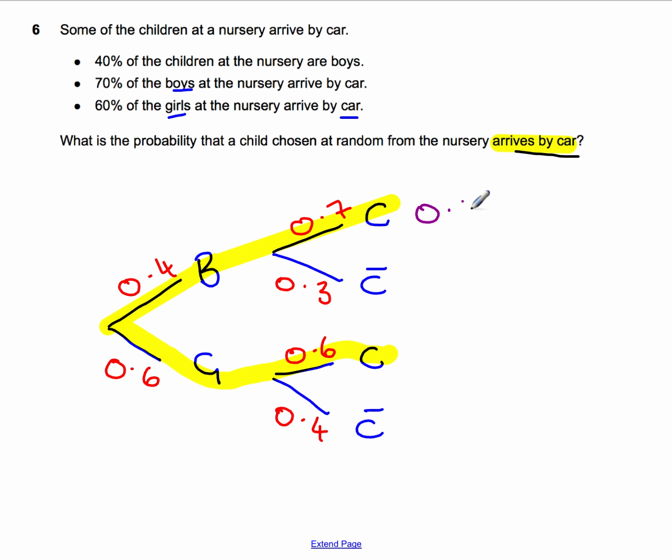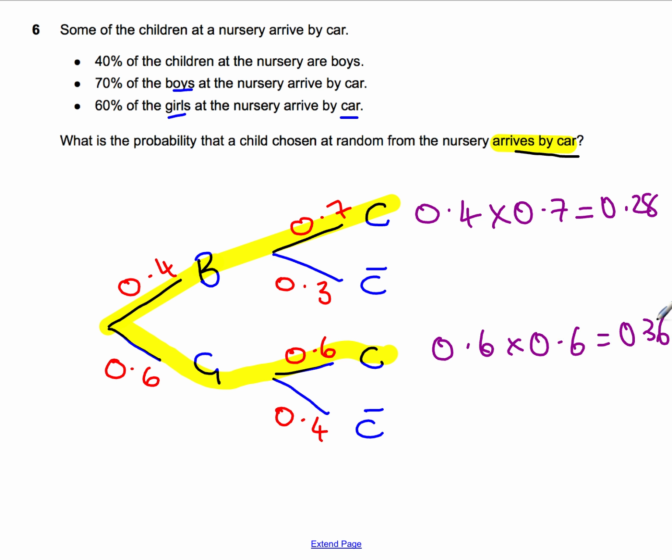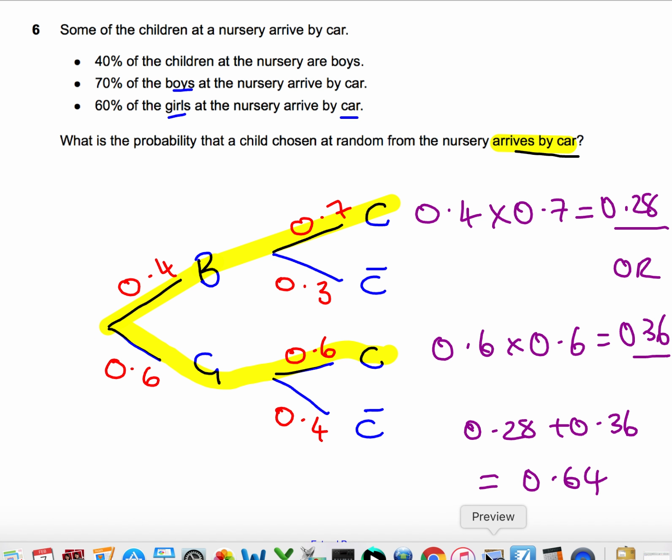So we have this 0.4 and we times it by 0.7, which gives us 0.28. We move along the tree, so we now have 0.6 times 0.6, which is 0.36. Now, because this could happen, or this could happen, I'm going to add up my probabilities. So 0.28 add on 0.36, and that will give us 0.64. And that's question 6 answered.